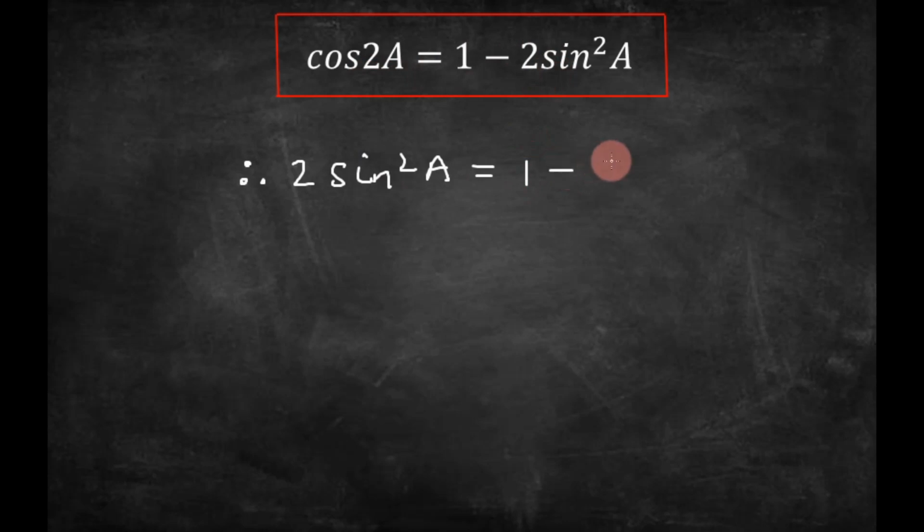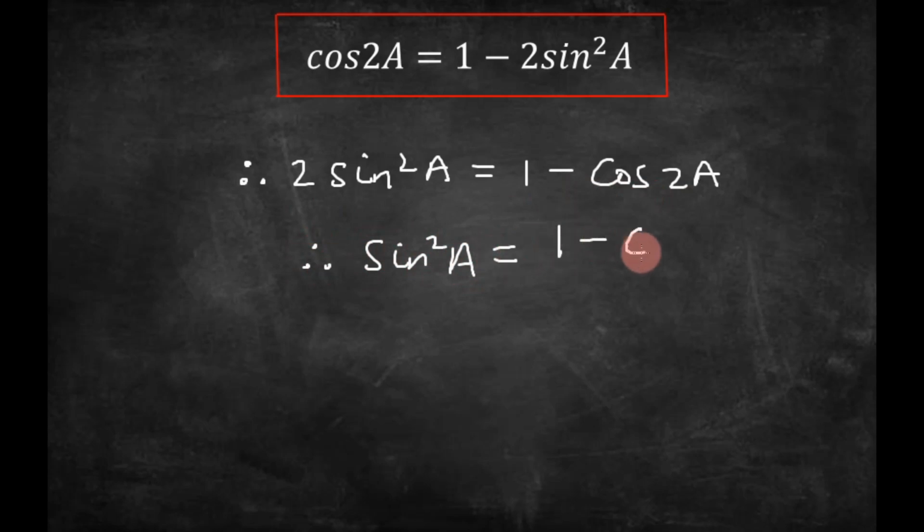So it's 1 minus the cos of 2A. Now we can divide by 2 on the right-hand side. So it's 1 minus the cos of 2A all over 2.